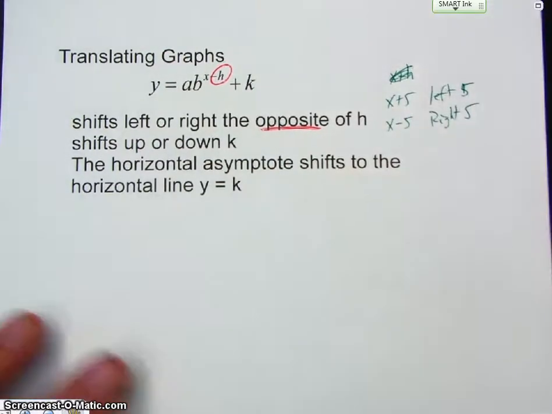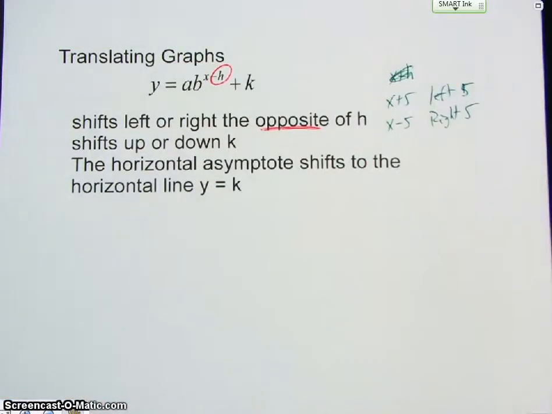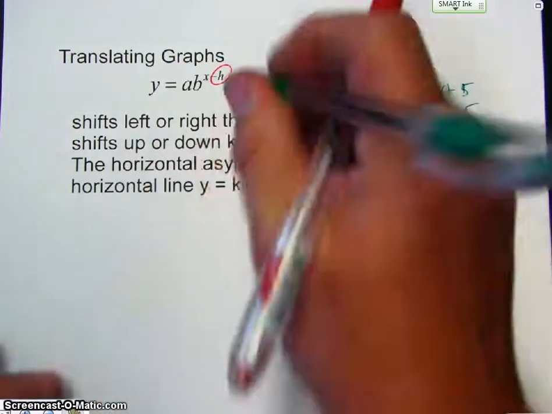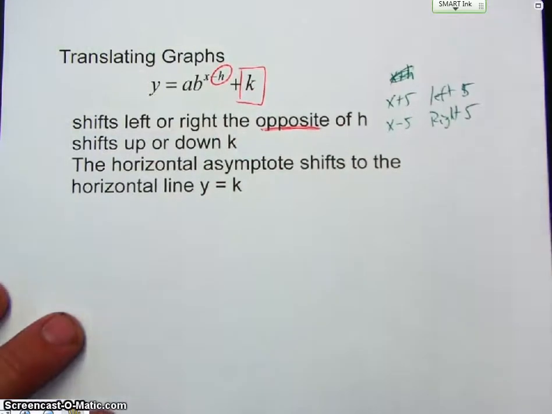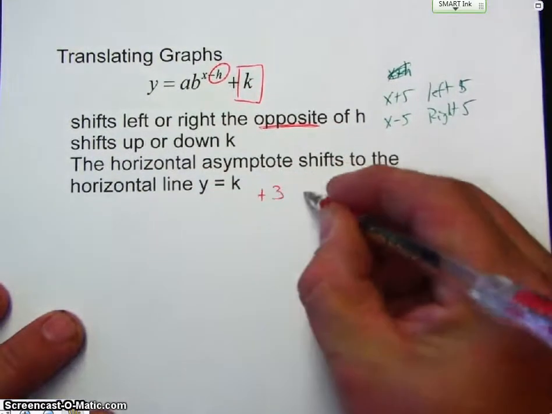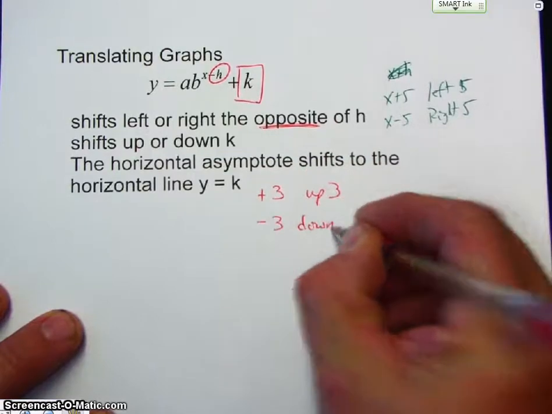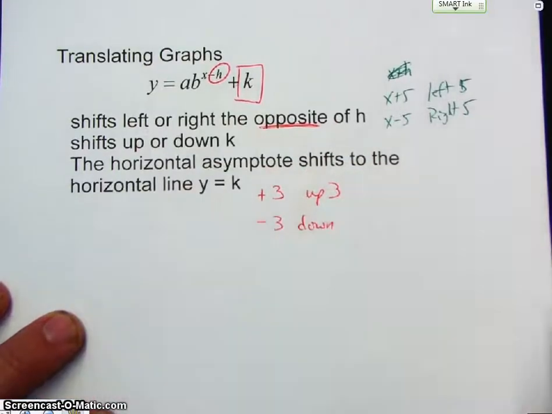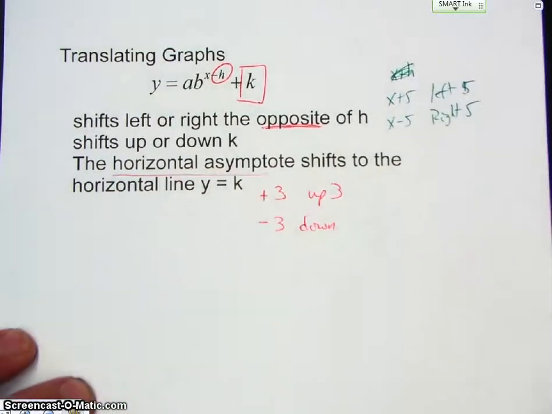So you've got to think opposite when you're dealing with the x value. And K just goes up or down. So if it's positive 3, I'm going up 3. If it's negative 3, I'm going down 3. There's no opposites here, it is exactly what it states. And then I will show you how it affects the horizontal asymptote.